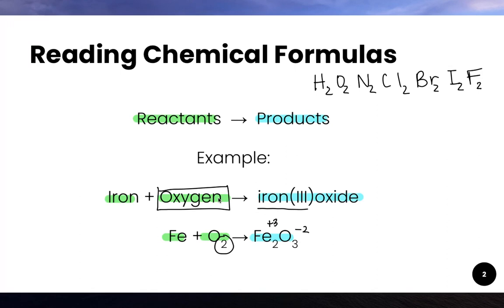So we do that by dropping and crossing the charges and writing them down here as subscripts. Okay, so 3 times 2 is +6, and -2 times 3 is -6. This means that overall, the molecule is neutral. You're going to need to remember how to write a neutral molecule when you are writing chemical formulas.